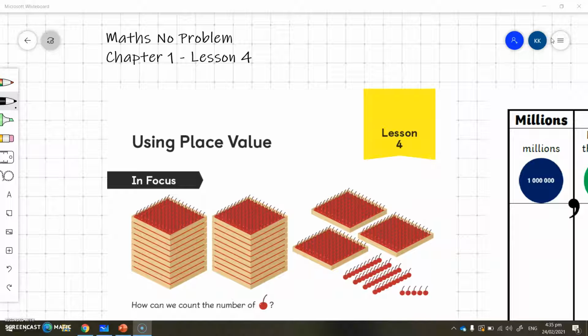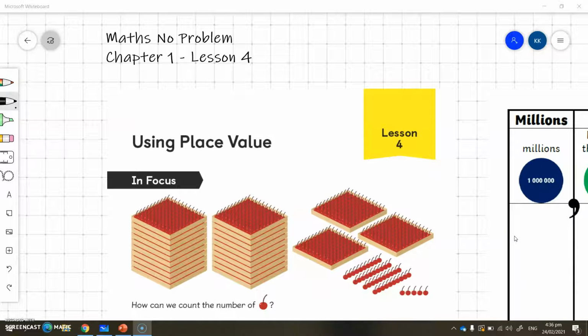We've got some cherries, either single cherries, cherries that have been grouped into tens, cherries that are on flats, each one worth 100 cherries, and then we have these stacks of pallets in which we would have 100, 200, 300, 400, 500, 600, 700, 800, 900, 1,000 cherries. Our question is, how can we count the number of cherries?